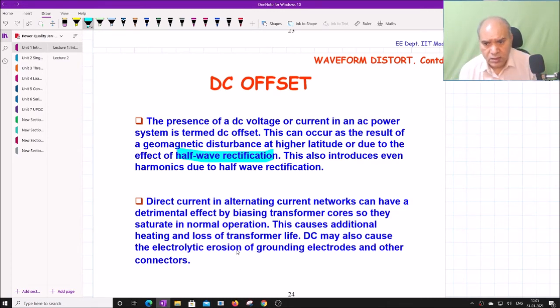Transformer saturation may also be affected by the presence of the DC component. So they have a very detrimental effect on the functioning of the electrical machines and transformers, because the presence of DC component may lead to the saturation of their core.